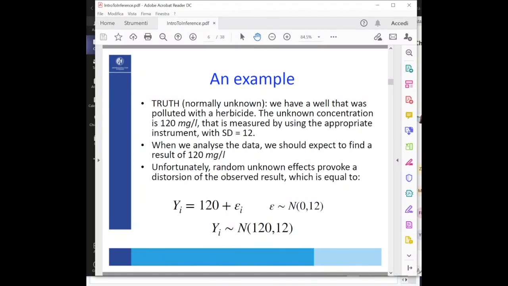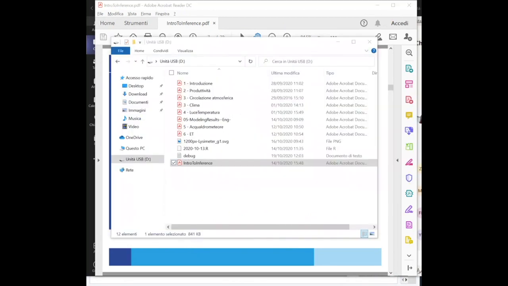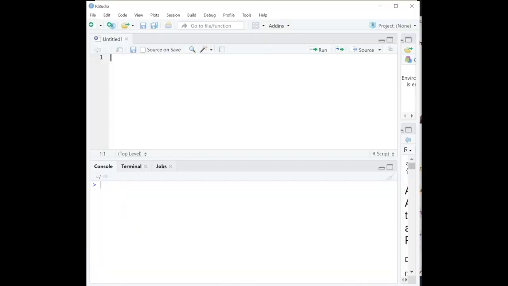Okay, let's go ahead. So we do the experiment. Now, I'm taking my RStudio. It's not strictly necessary that you take RStudio as well, because we are doing very simple calculations, but if you want to do them, and if you are ready, just do them.